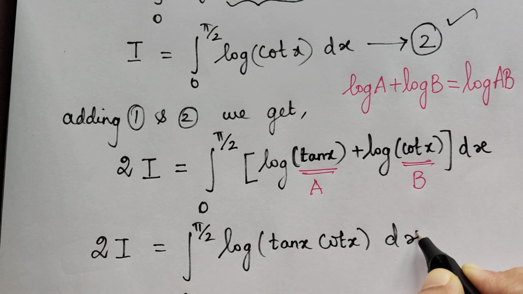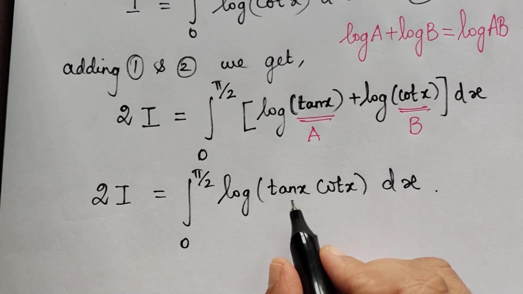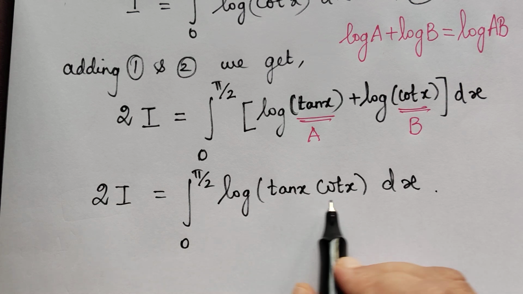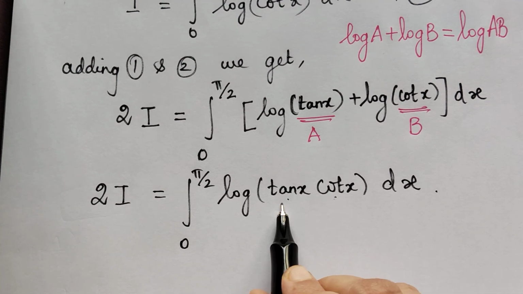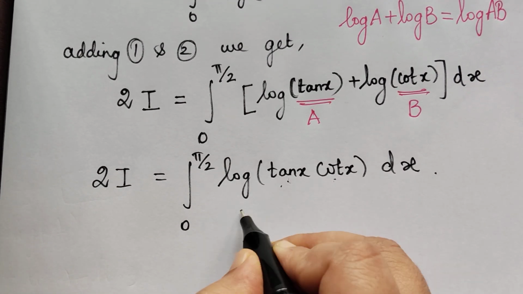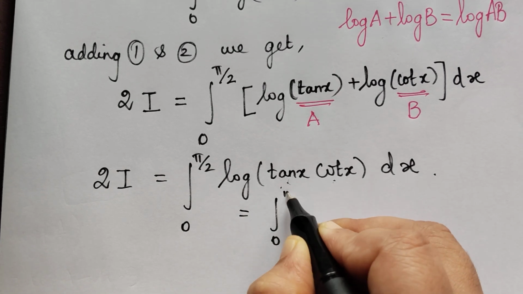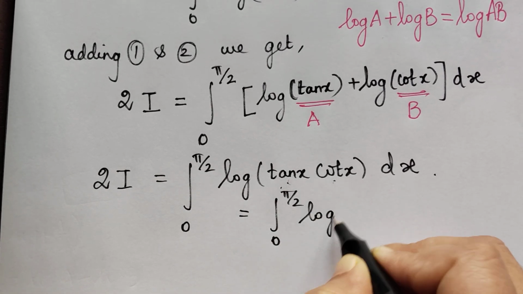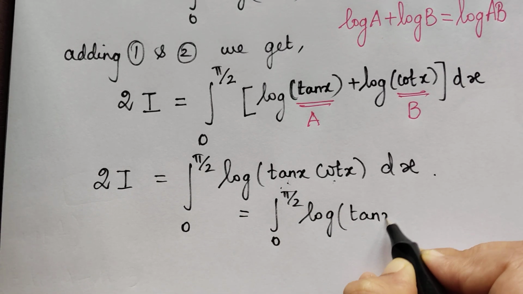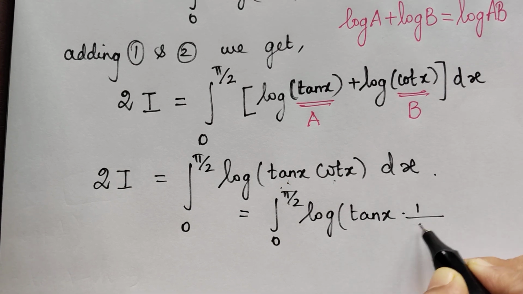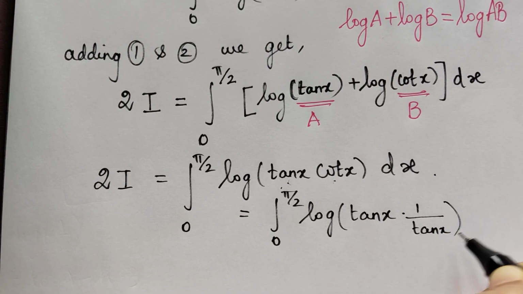Now again, by using the trigonometric identity, we know that cot x is the inverse of tan x. So this is equal to the integral from 0 to pi by 2 of logarithm of tan x times 1 by tan x dx.